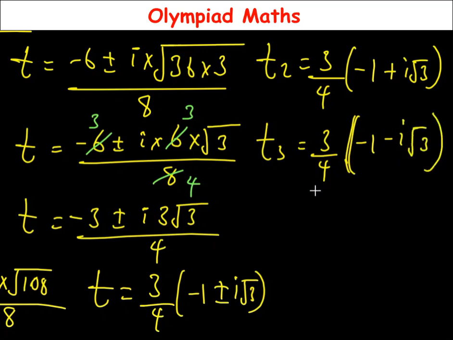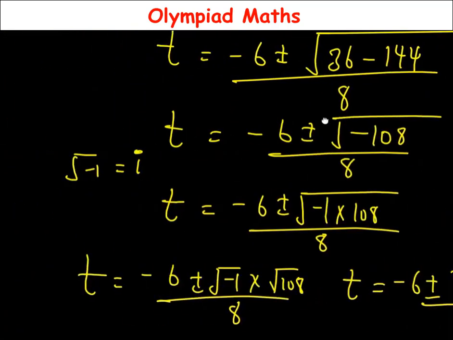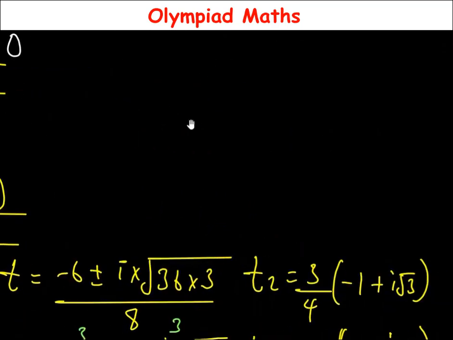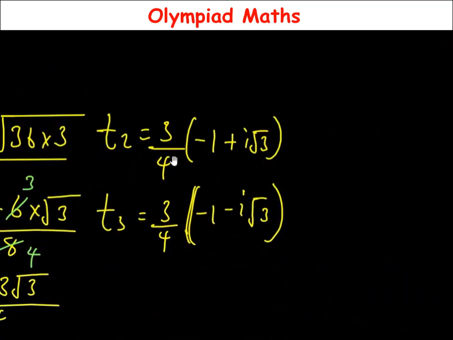So we've gotten the solutions: t1, which initially we got as 3 over 2, t2, which is 3 over 4 in bracket minus 1 plus i root 3, and t3 is also this value right here.